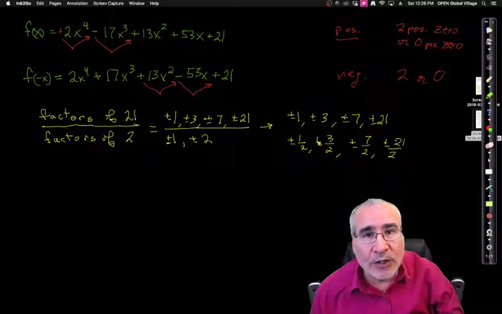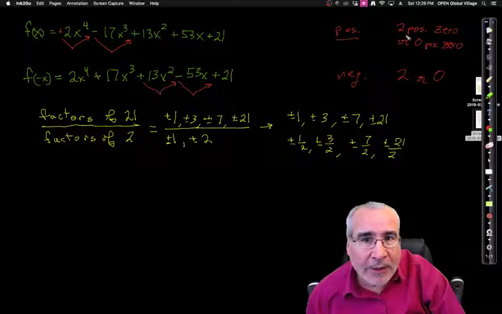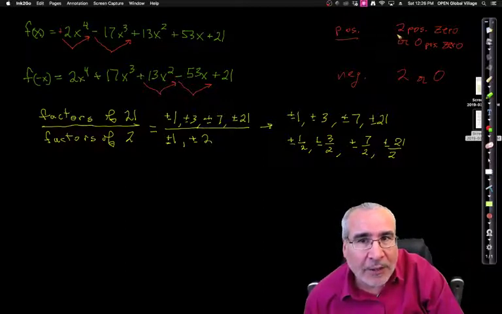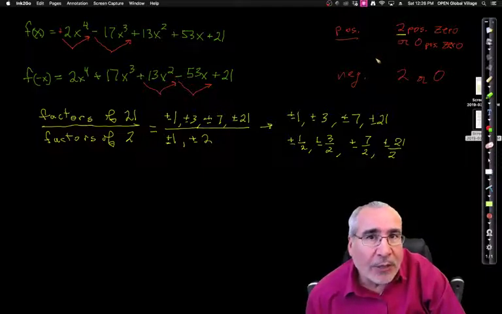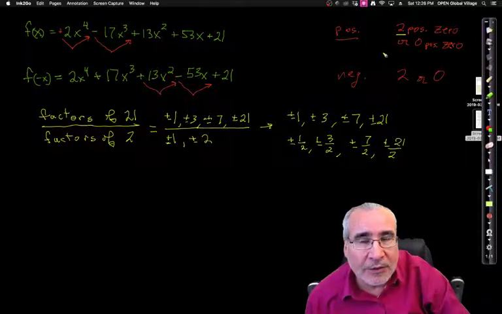So how do we check which ones work? Well, you could choose to start with either positive or negative. I'm going to start with the positives. I know there's 2 of them. So once I find 2 positives, I could stop. Now, it could be that there's 0, so I might have to keep looking through all of the positive potentials.